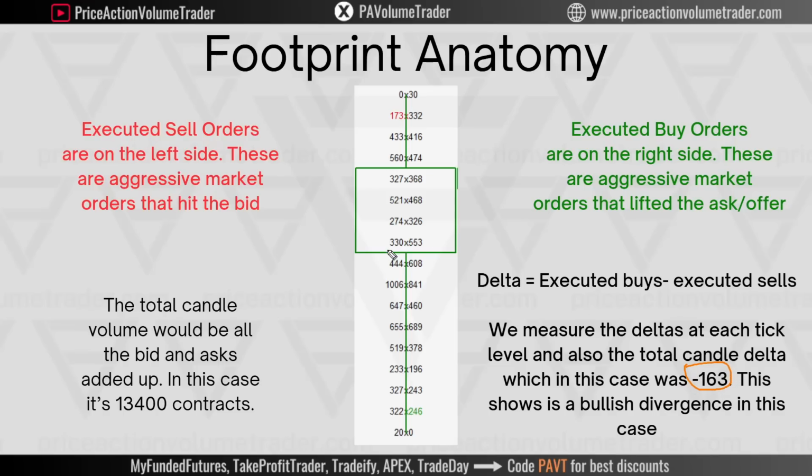So this in itself is actually a bullish divergence, because that means that even though we ended up with a green pin bar candle, there were more aggressive sellers than buyers. And if we look down over here, you can see how we had a lot larger numbers executed to sell versus buy near the bottom of this candlestick, which in itself is a signal of absorption.